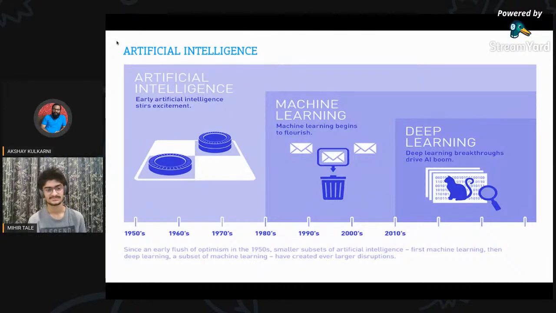Now, your next question would be how data science is related to this. Data science is something different, where a data scientist is not always relying on machine learning or deep learning. Maybe you can use simple math or simple stats to solve something. So data science is something which covers everything: analytics, machine learning, deep learning, artificial intelligence.